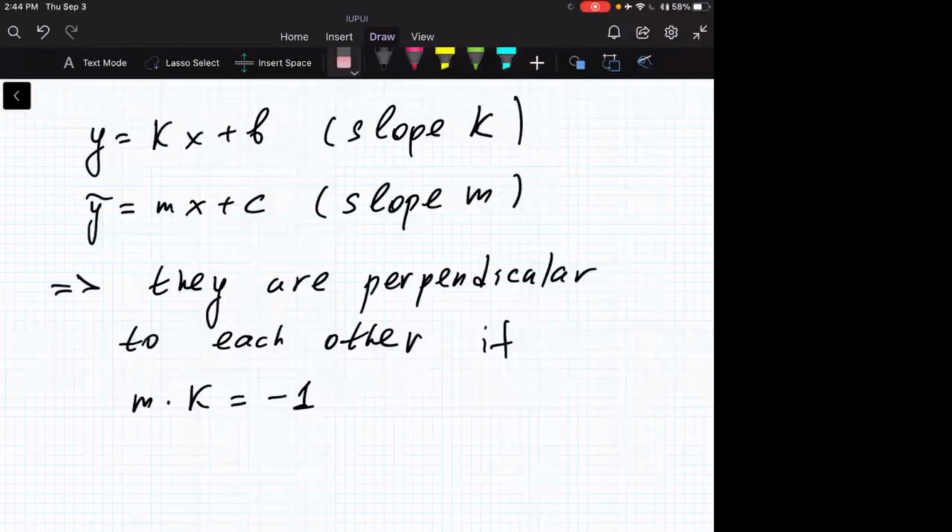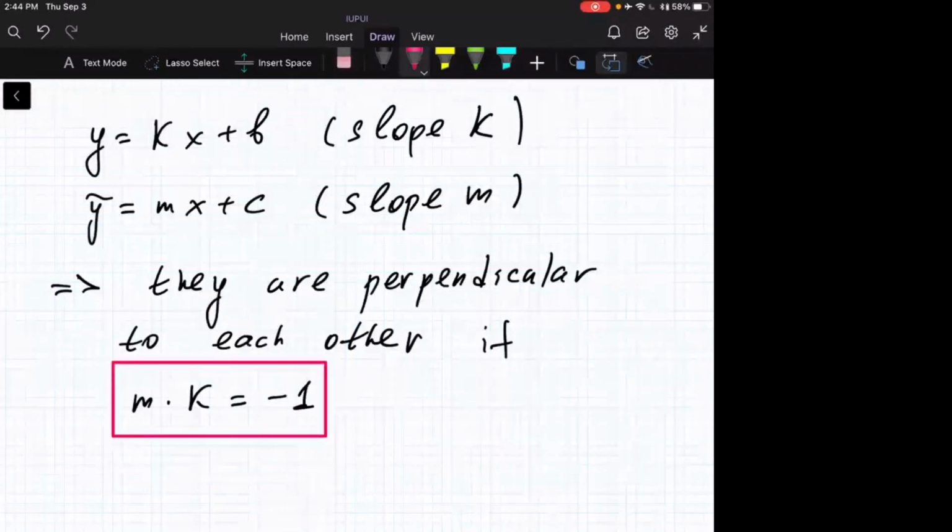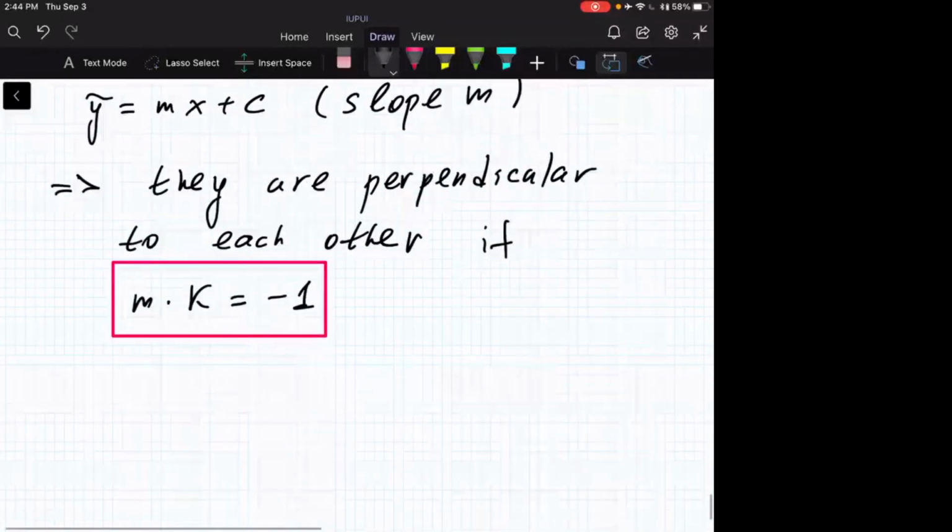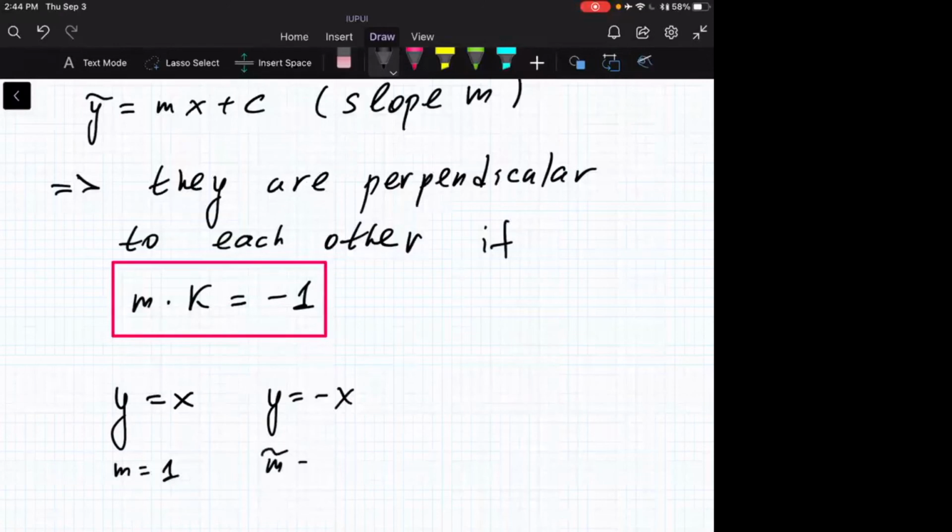It's not difficult to check, and it's a nice exercise, not straightforward, but nice. For example, y equals x. If you consider this function, y equals x, and y equals minus x, so the slope is 1, and here the slope is minus 1.